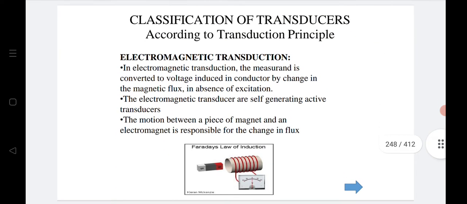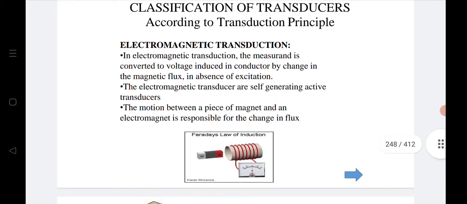Let us come to electromagnetic transduction transducers. In electromagnetic transduction, the measured quantity is converted to a voltage induced in a conductor by a change in the magnetic flux, in the absence of excitation.